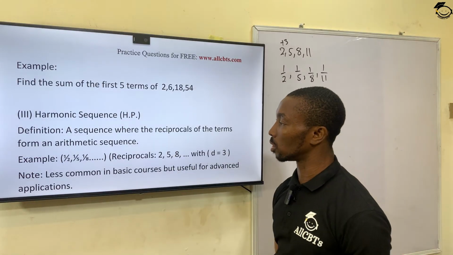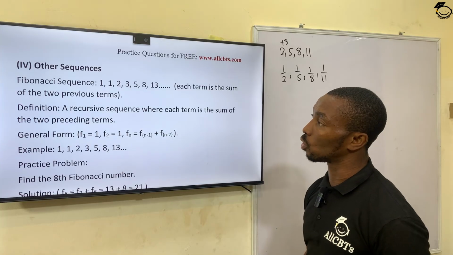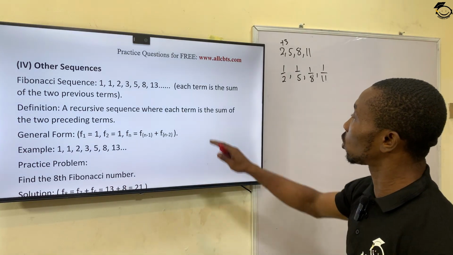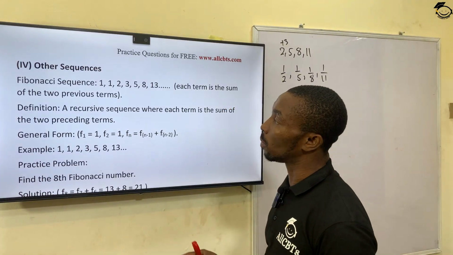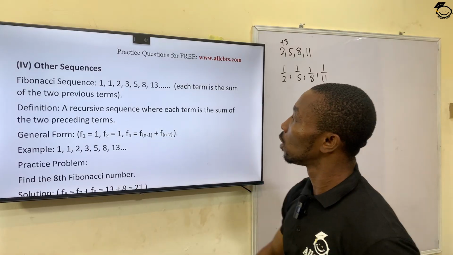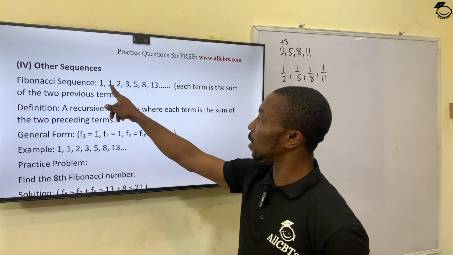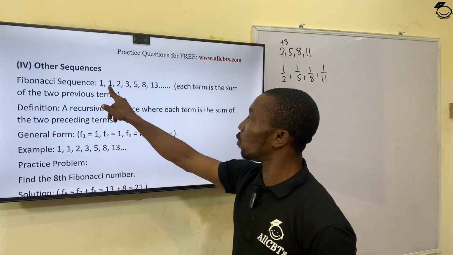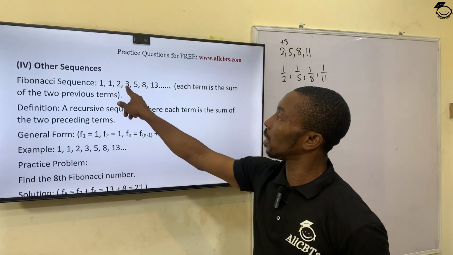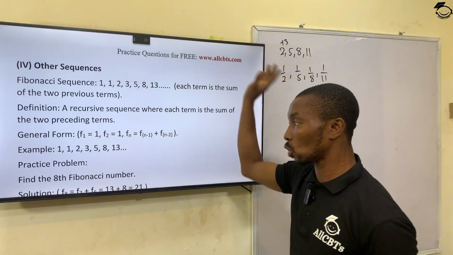It's important to note that this is less common for basic courses, but useful for advanced application. Now, another type of sequence to also know is the Fibonacci sequence, where each of the terms is the sum of the two previous terms. So our first term here is 1, the next term is 1, so 1 plus 1 will form our next term, 2 plus 1 will form the next term, 3 plus 2 will form the next term, 5 plus 3 will form our next term, and so on.